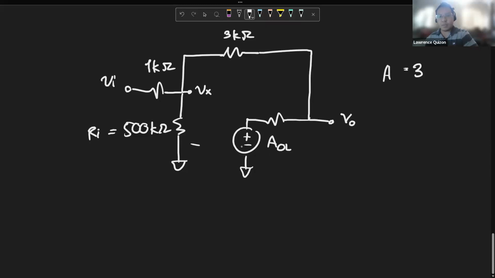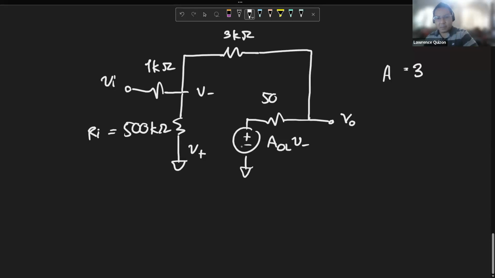So let's call that Vx. Actually, no. Let's make that V minus so it's not confusing. I just don't want to write V minus because it looks like an underscore.